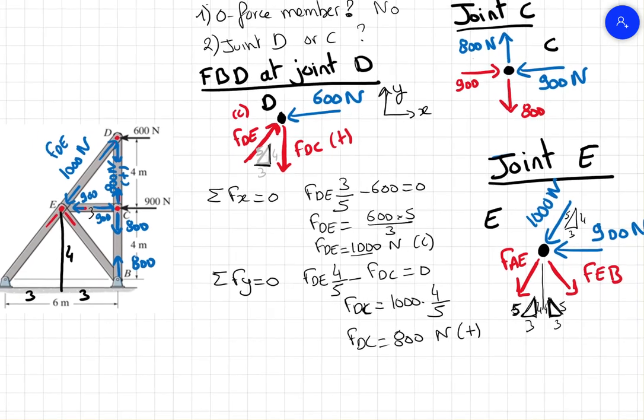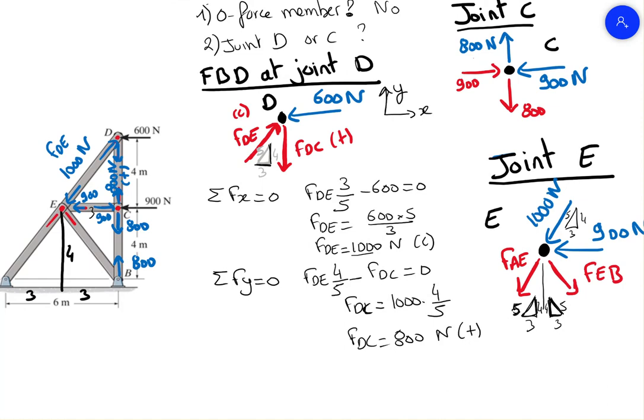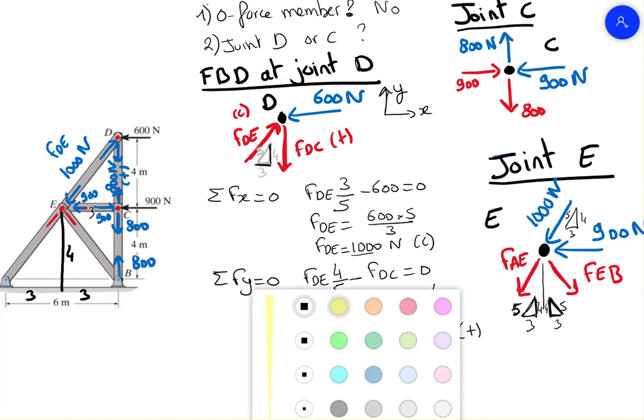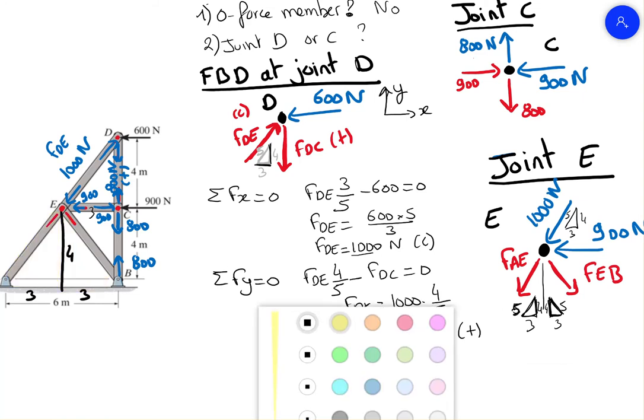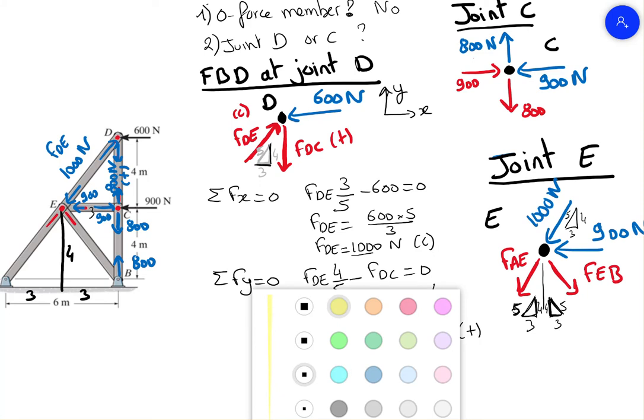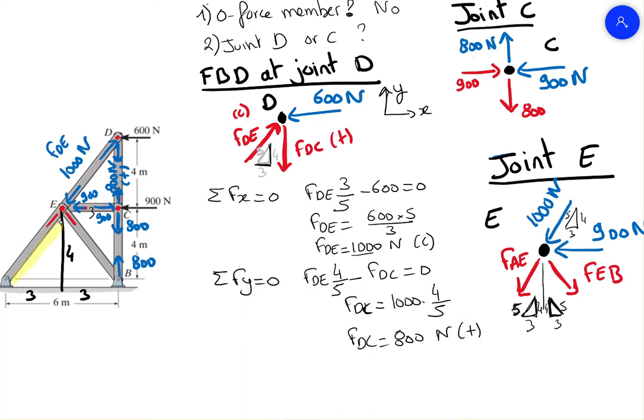So that's this one and this one, like this. 3, 4, 5, 3, 4, 5. And I remove that. Here we go. So you can't see anything. Oh yeah, because I need to do it like this. So this 3, 4, 5, and this 3, 4, 5 triangle.